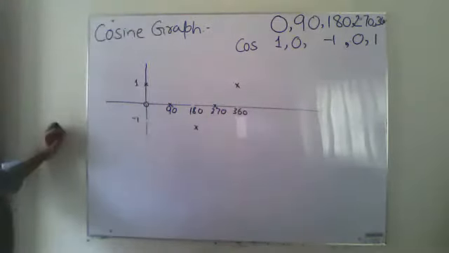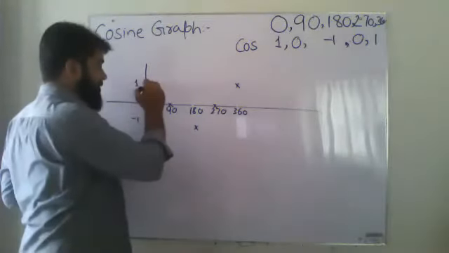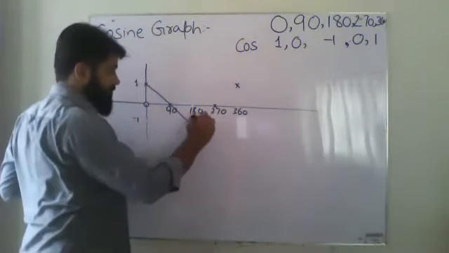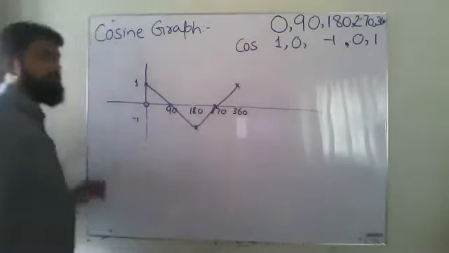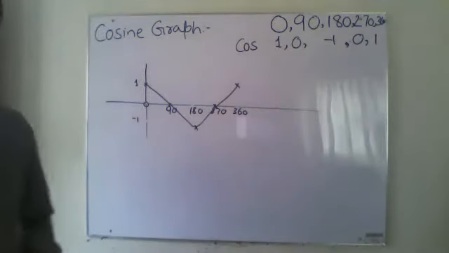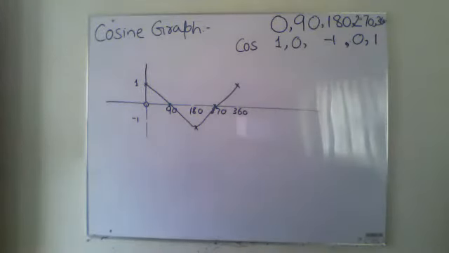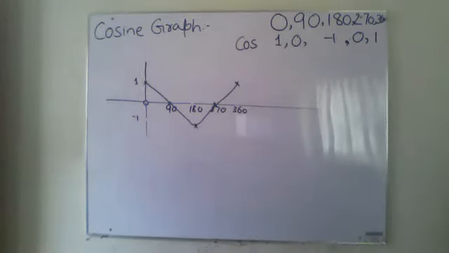When I connect them, it will go something like this. This is your basic cos graph.